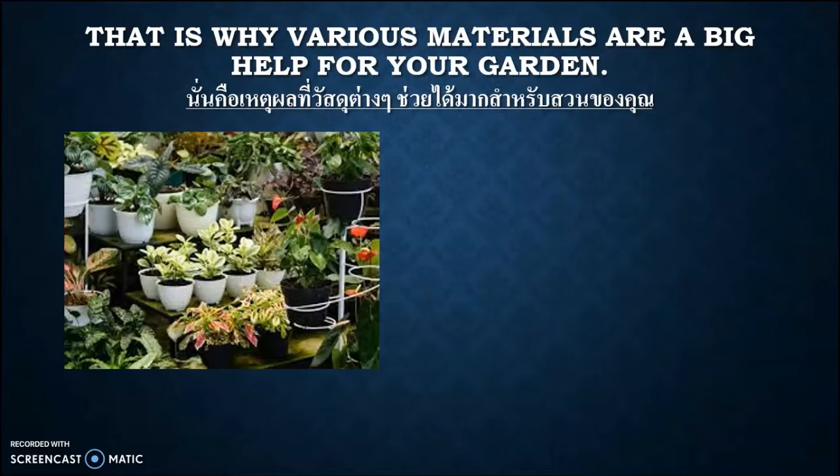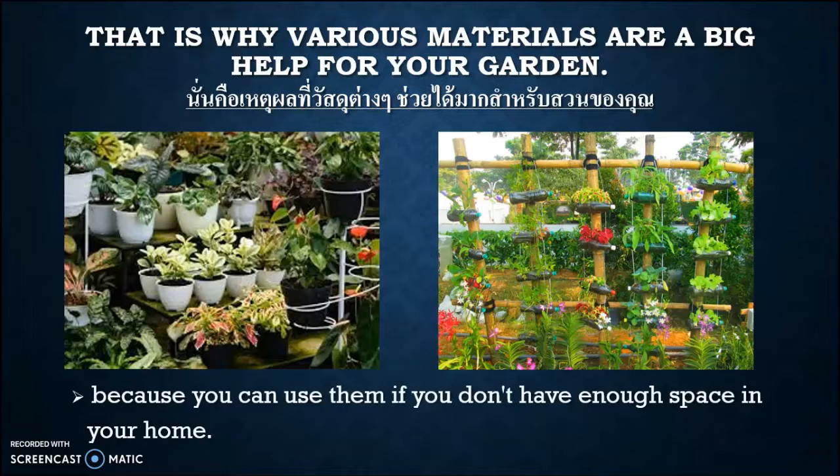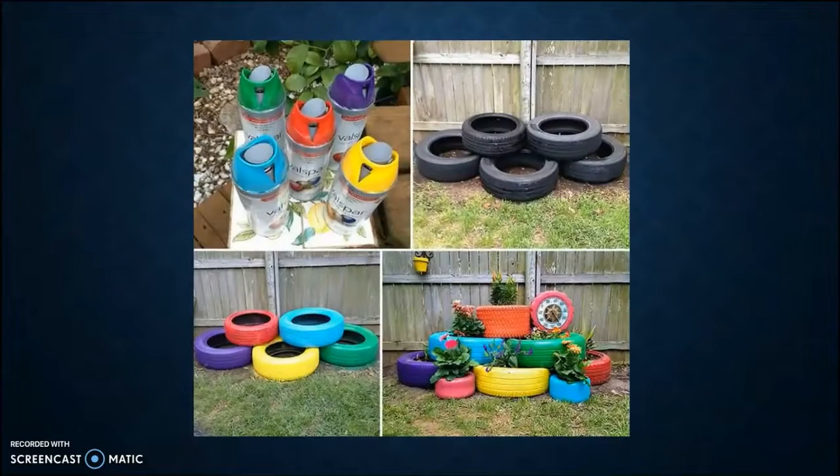Look at this. Yeah, that's right. If you don't have enough space at your home, you can use the scrap to plant. All right? Because you can use them if you don't have enough space in your home. Look at this.